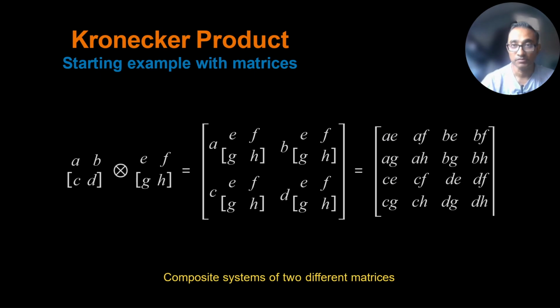The same concept can be extended to matrices, which represent a composite system made of two individual matrices. The rules remain the same. It's just that now you have to multiply each element of the first matrix with the whole second matrix, and then expand the multiplication element-wise.